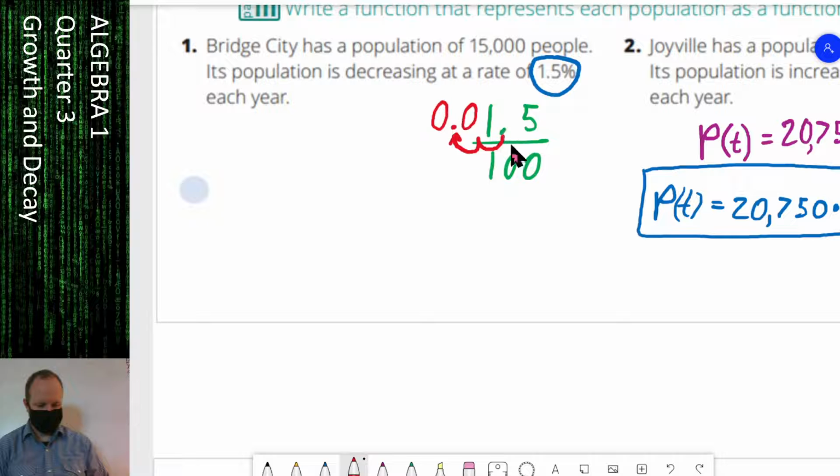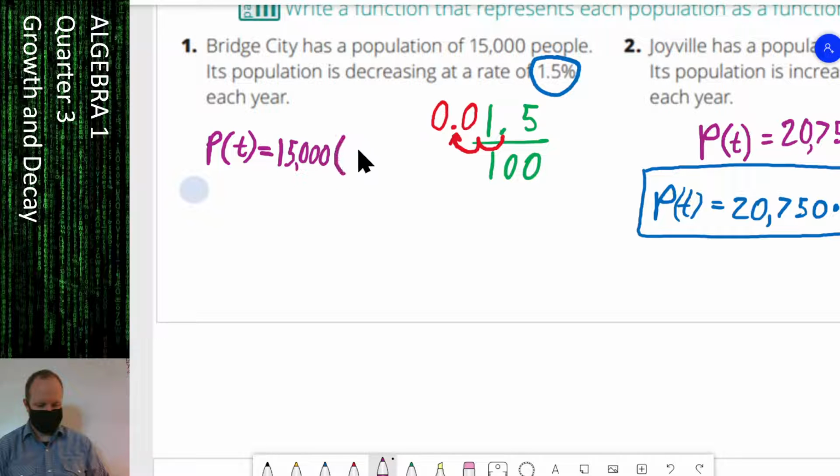So we have transformed this number. We're going to use this number as we're creating our equation. Again, let's say that this is a function called population, where we're going to plug in t for time. And what's our starting point? $15,000.